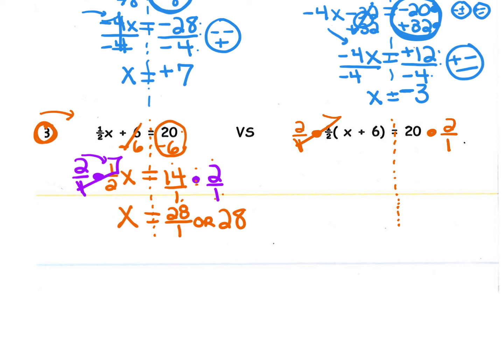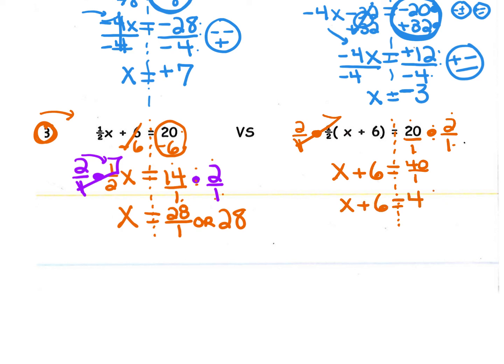That's eliminated, and we're left with x plus 6. Over here on the right, we're going to take 20 times 2 and 1 times 1. We get 40 over 1, which of course is simply 40.